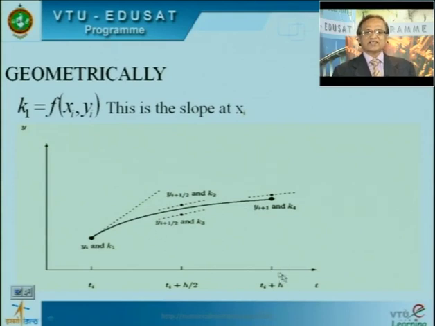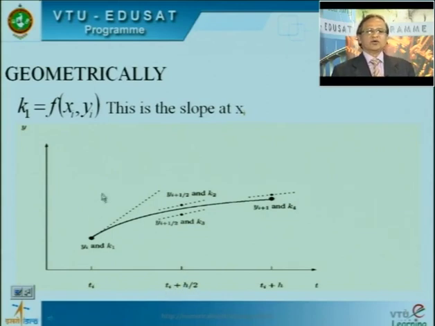So, I can say that h is the time, right, or step time. Suppose if I want to reach from the initial point to the final point, right. So, now I want to calculate the middle point at half time. That is why I can say that xi plus h by 2.